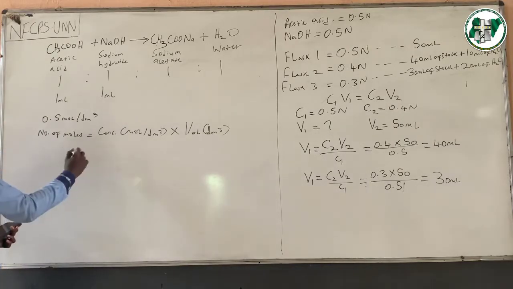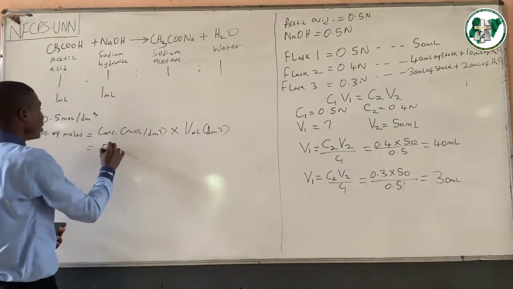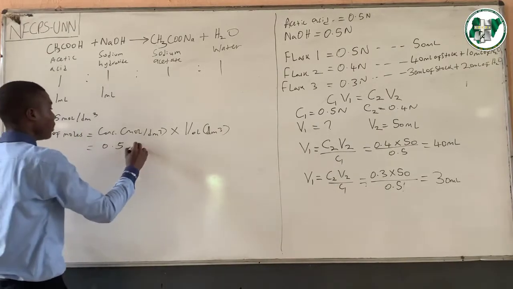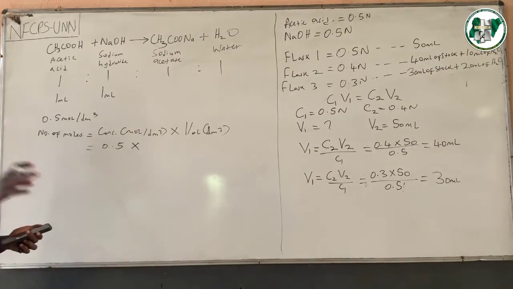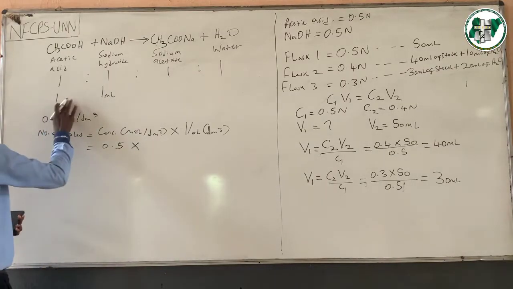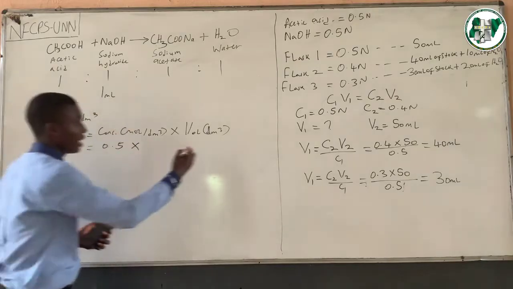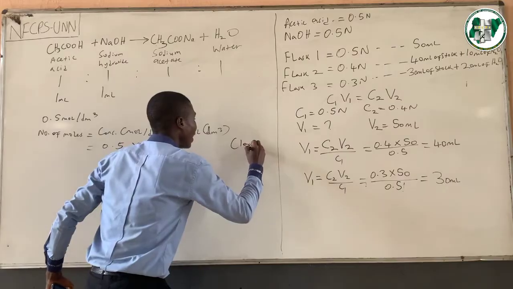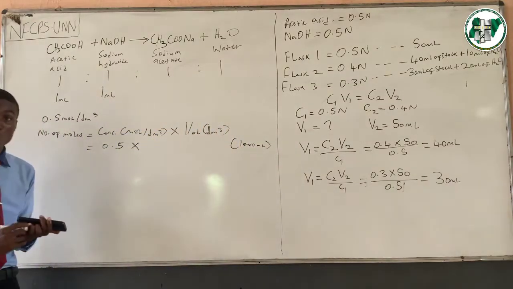So number of moles for the acetic acid is 0.5 mole per dm cube times volume. For the purpose of simplicity, let's assume that what we are reacting is 1000 ml of acetic acid with 1000 ml of sodium hydroxide.